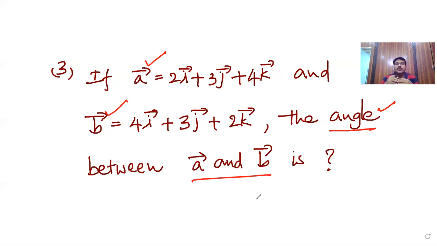It is very easy to use dot product rather than the cross product, because cross product deals with the magnitude, deals with the determinant matrix. So dot product is very simple. So hence I am making use of dot product. So I am solving this by means of dot product.